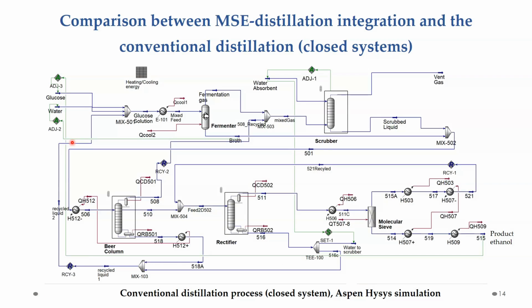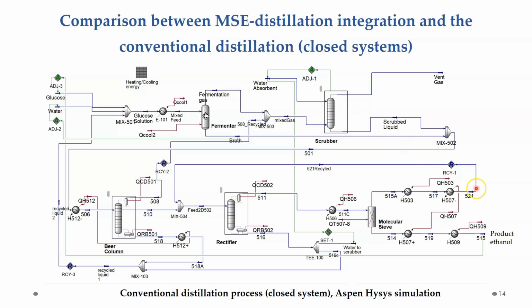Now let's compare the MSE integrated process with the conventional distillation process. Both are closed systems. Look at the conventional distillation process first. It includes glucose fermentation, carbon dioxide scrubbers, and all necessary recycling streams.